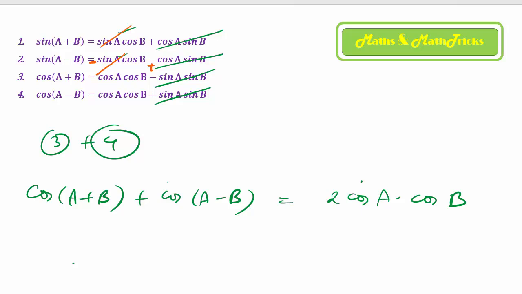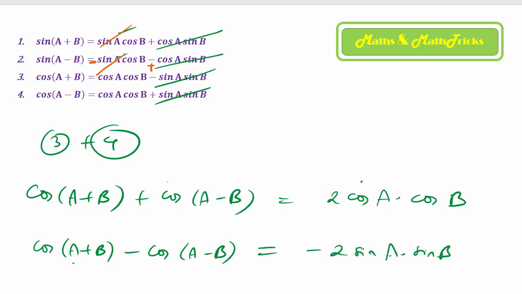And when you do the subtraction, what do you think of? Cos of a plus b minus cos of a minus b would be minus 2 sin a sin b, because when you do the subtraction, the first term gets reduced, minus sin a sin b in the first cos of a plus b, then again minus sin a sin b in cos of a minus b, add up to minus 2.